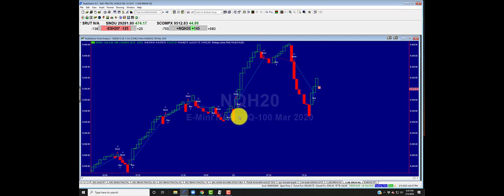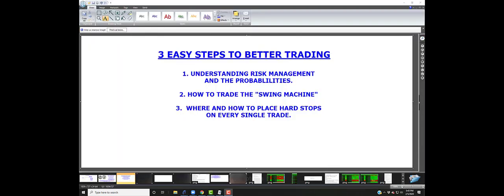And you cannot run strategies if you do not understand, and we're going to come back, if you do not understand your risk management and the probabilities. I think that you can do much, much better running a strategy if you know how to trade and interpret the Swing Machine.